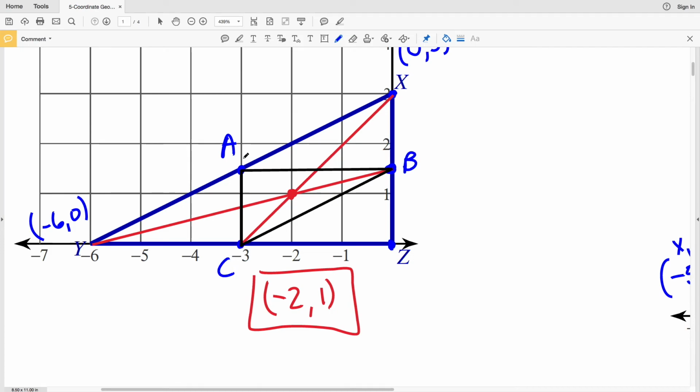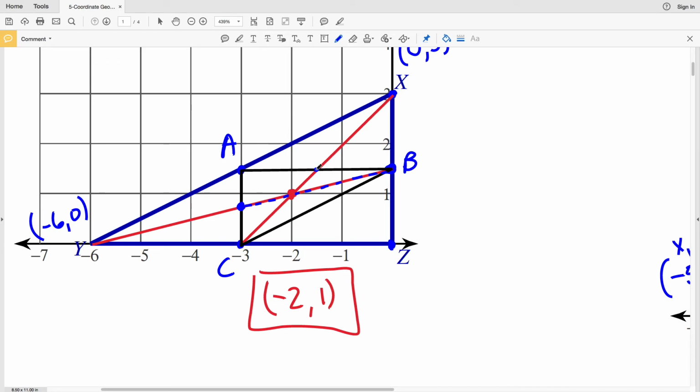So the midpoint between A and C, we know this distance is 1.5. So we're going to go up 3/4. If we were to draw that median, it follows the previous median that we already had. Now let's find the midpoint of A to B. The distance between A and B, since this is a horizontal line, is 3 units.